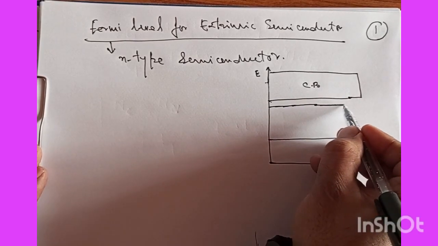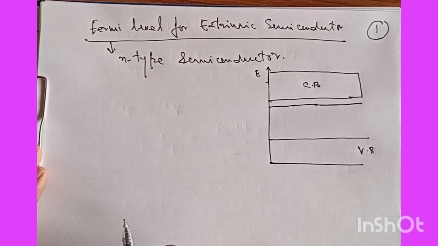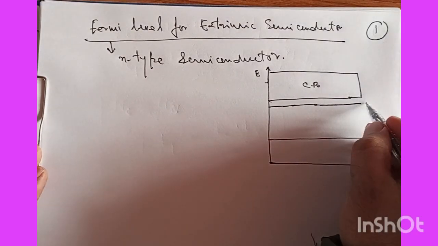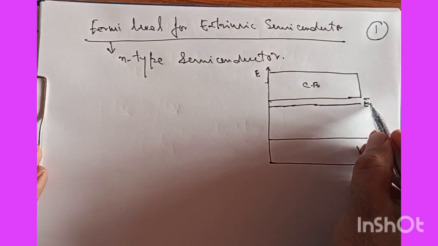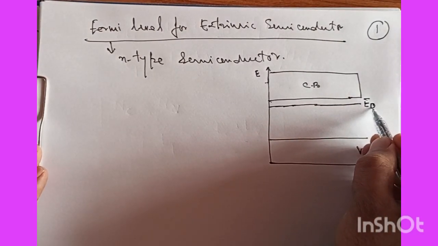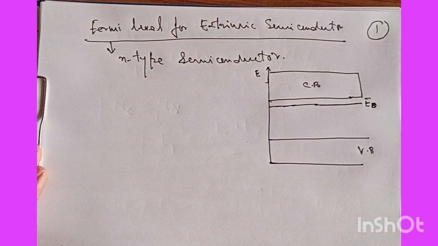As we go with doping this pure semiconductor with a pentavalent impurity, we are going to have the energy level for all of those atoms, so that will be E donor.